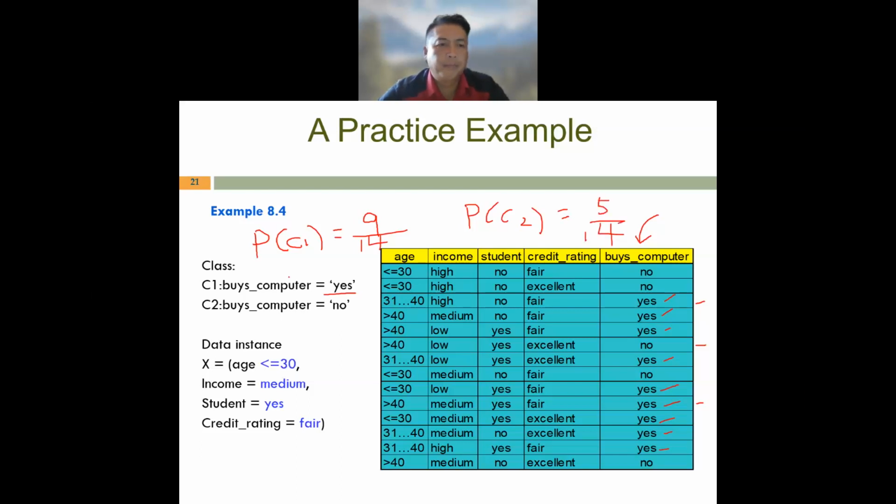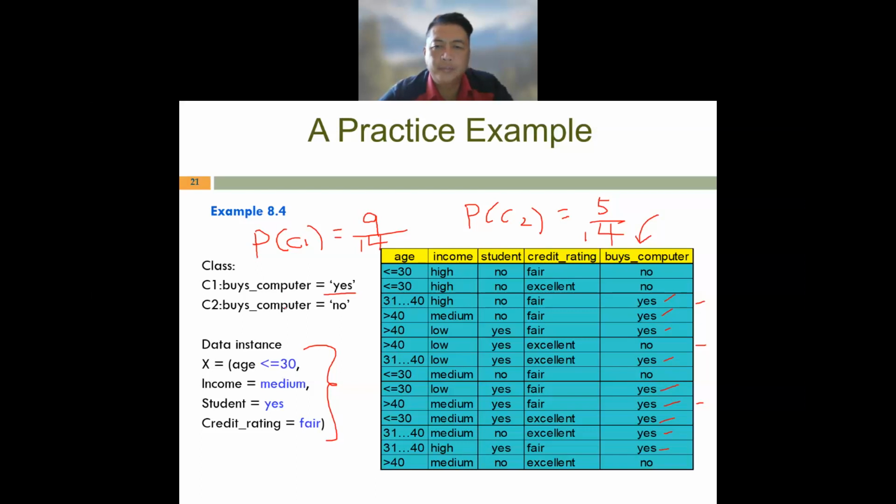Now we have new data: the age is less than 30, income is medium, student is yes, and the credit rating is fair. We want to classify whether they will buy a computer or not.